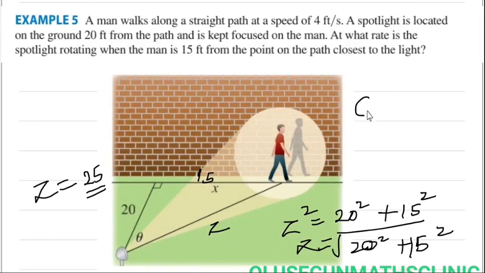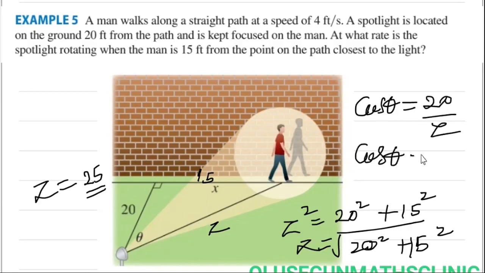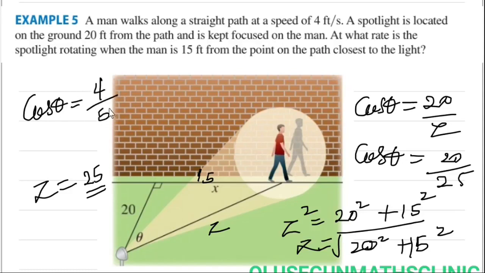Cos θ is adjacent over hypotenuse, meaning that cos θ is equal to 20 over 25. That is the only thing I need, meaning that cos θ is equal to 4 over 5.